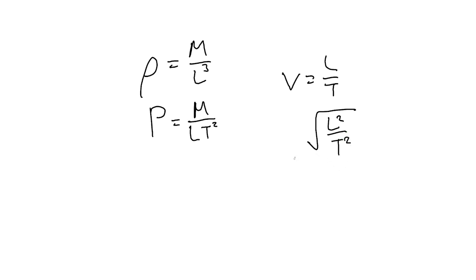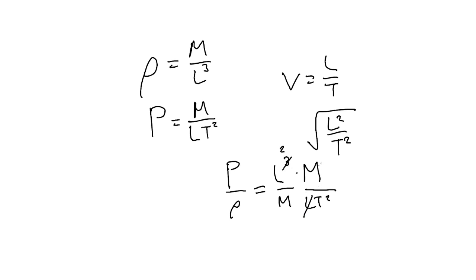Oh, isn't this handy? If we just have our pressure divided by our rho, our density, that's going to be equal to L cubed over M times M over L T squared. Isn't that convenient? We cross these out.